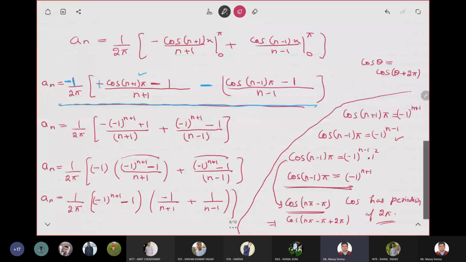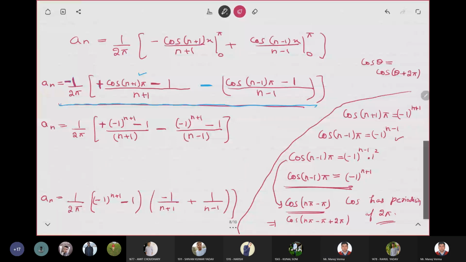Taking negative outside common is not required now. I can directly take this plus minus 1 raised to the power n plus 1 minus 1 and this term outside. In the numerator I am taking common, and in the denominator this will be plus 1 and this will be minus 1. This will be minus now because of this minus. This will be minus 1 upon n minus 1. Right? So now I have a negative outside.